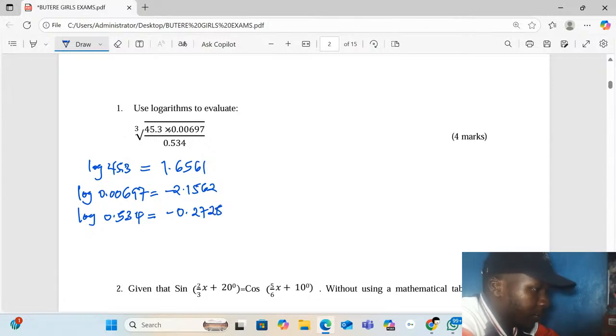Now, when it's multiplication, we add the logs, and when it's division, we subtract.